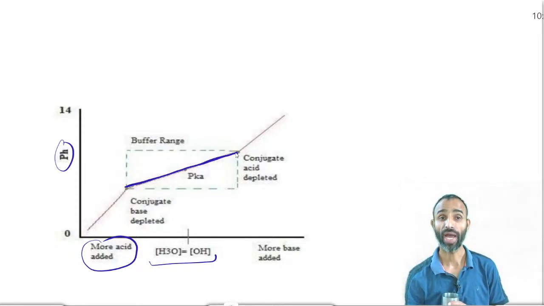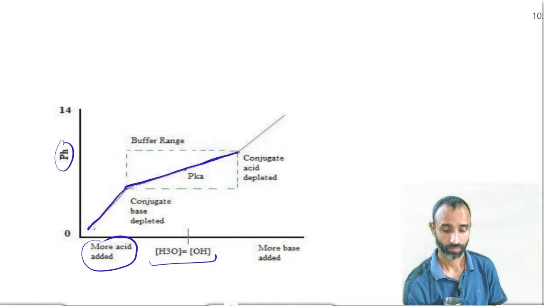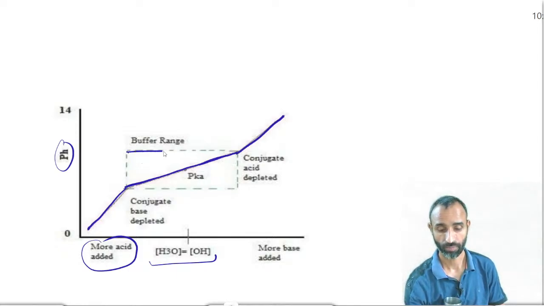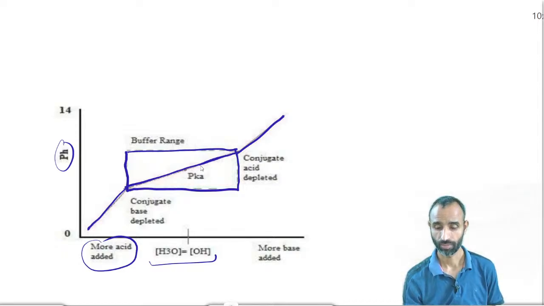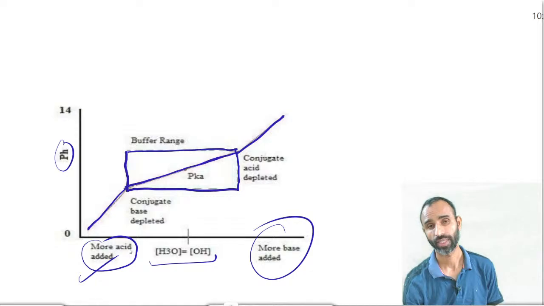But if we add excess of acid or base, then pH will change drastically. Here, this is the buffer range where there is a decrease or increase in pH to a small extent, but if we add more base or more acid, then it will not show its action.